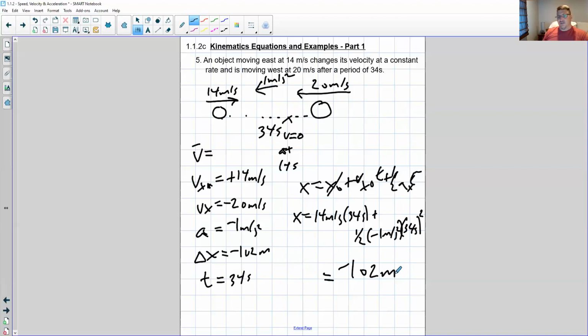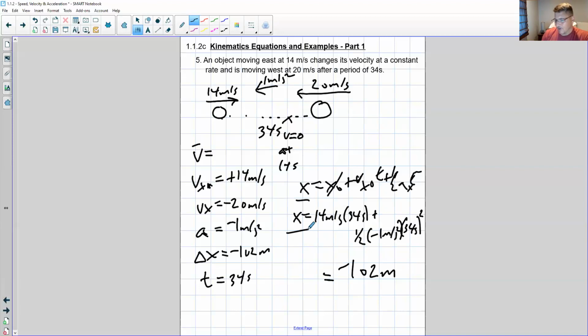So notice our position function gives us the correct answer regardless of the fact that we changed direction and all that, right? So notice this is a position function. It's not a distance function. It doesn't tell you how far you went. It tells you how far you are from where you started, right? Or the position that you end up with relative to whatever x naught is.